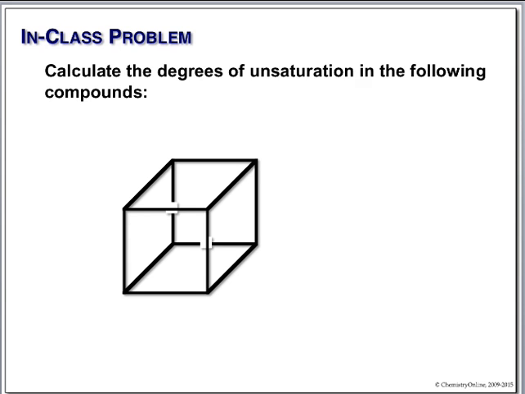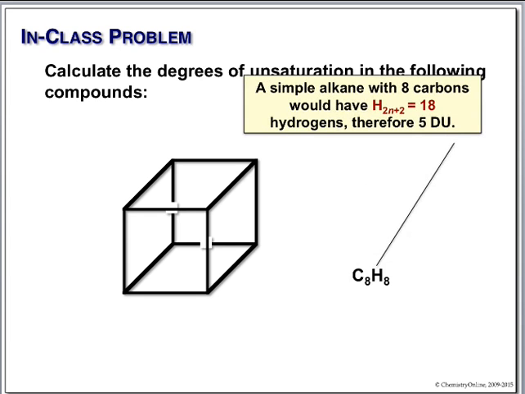Well, it's a cube, so people want to say 6 or 8 and stuff like that. If we simply add this up, what do we get? We have 8 carbons. Everybody has a hydrogen. So it's C8H8. If we had a hydrocarbon, it would be 18. So actually, there are 5 degrees of unsaturation.